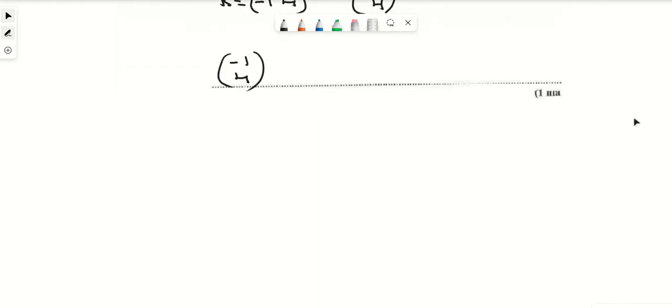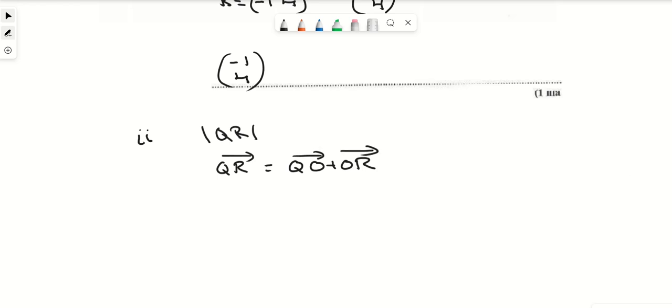Then the last part of the question, I will just write it out, because part 2 is they told you to find the magnitude of QR. Now, before we even do that, we need to know the column vector of QR. So QR is equal to QO plus OR, right?